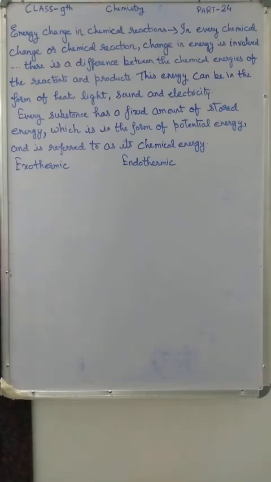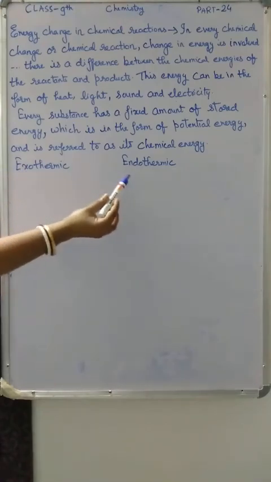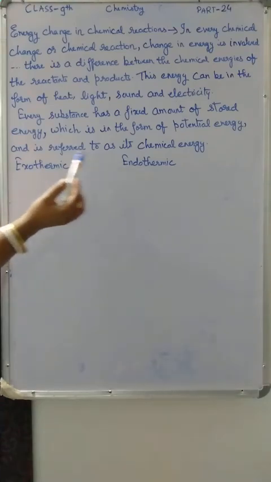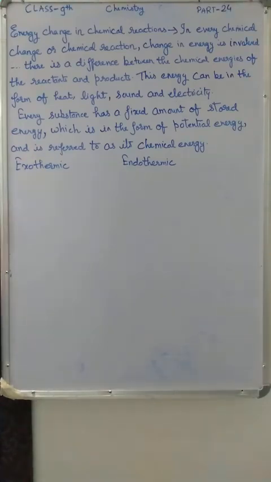So depending upon the energy released or absorbed, chemical reactions are of two types. The first one is exothermic reaction and the second one is endothermic reaction. So what do you mean by exothermic reaction?